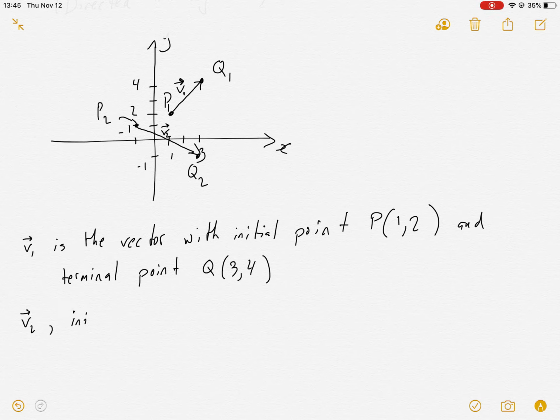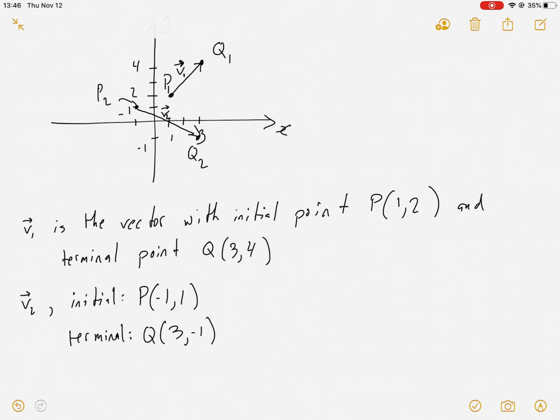For V2 the initial point P was negative 1, 1, and the terminal point Q was 3, negative 1. So those are vectors.